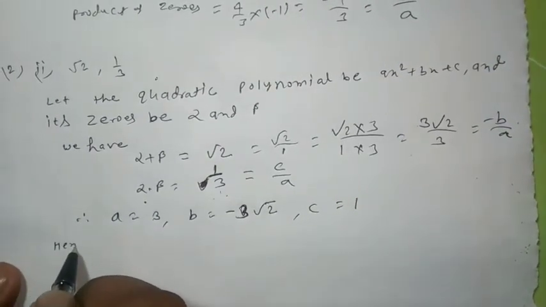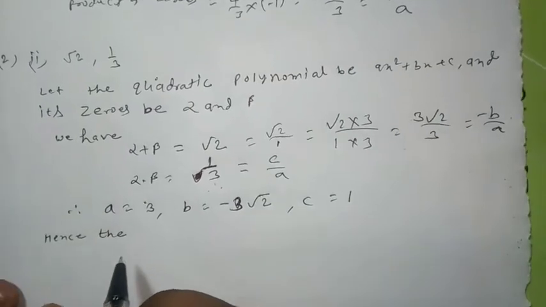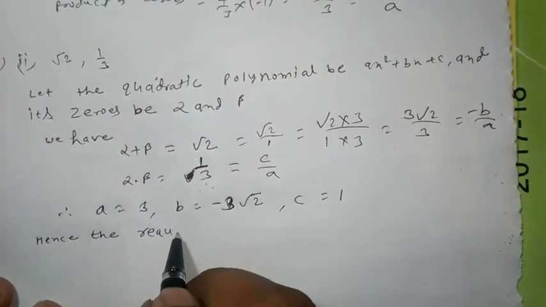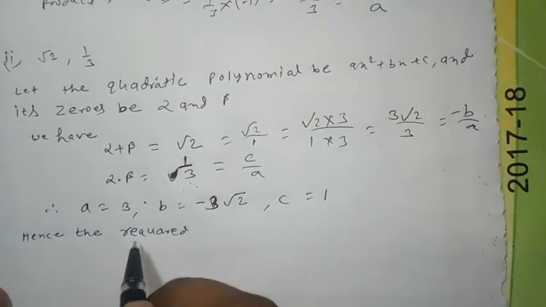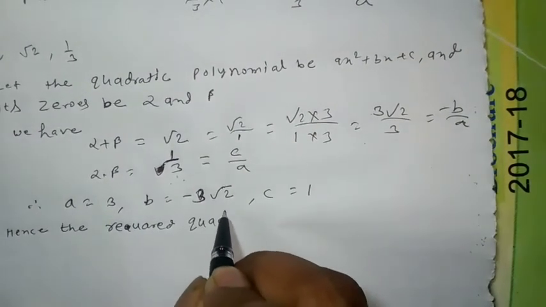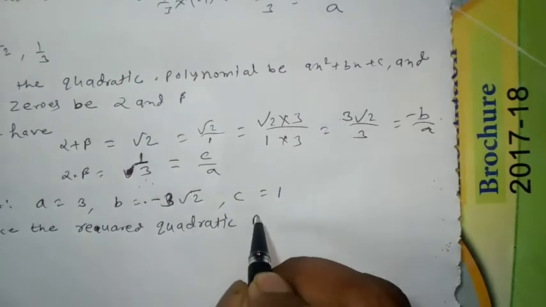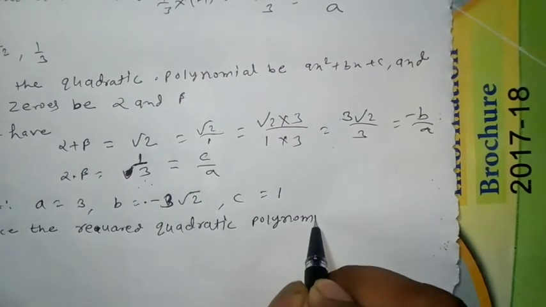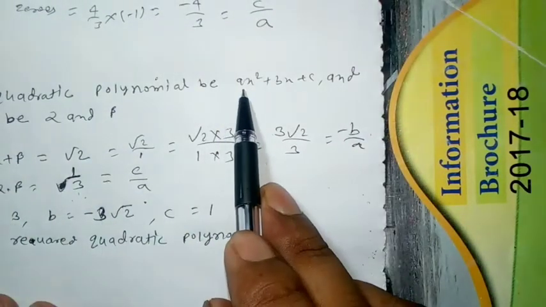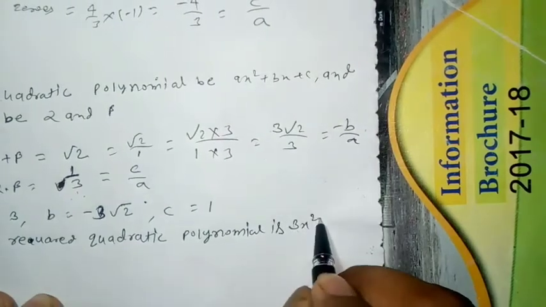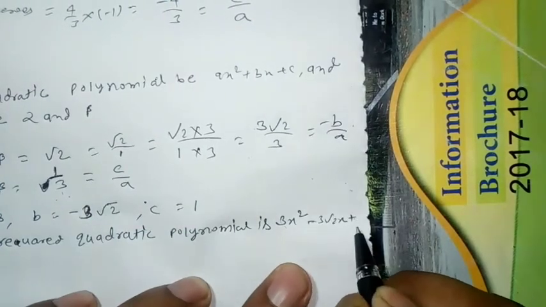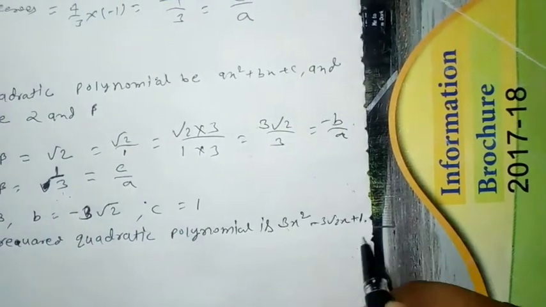Hence the required quadratic polynomial is, putting the values of a, b and c, 3x square minus 3 root 2 x plus 1. Okay, answer.